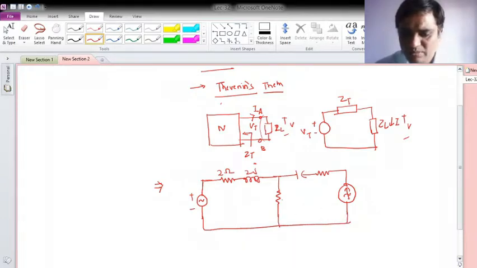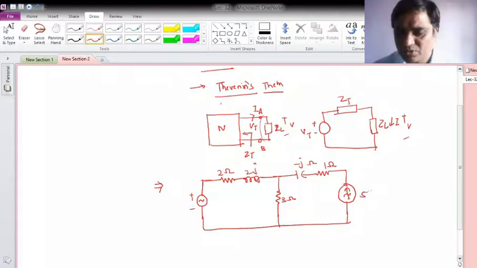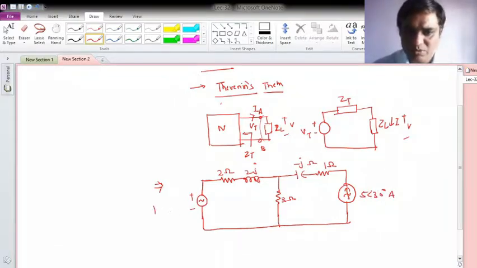So this is my circuit: let's say 3 ohm, then this is minus j ohm, and this is 1 ohm. The value of this current source is pi angle 30 degrees, and the voltage source is 10 angle 0 degree volts. I am interested in finding this current I in the 3 ohm resistor.